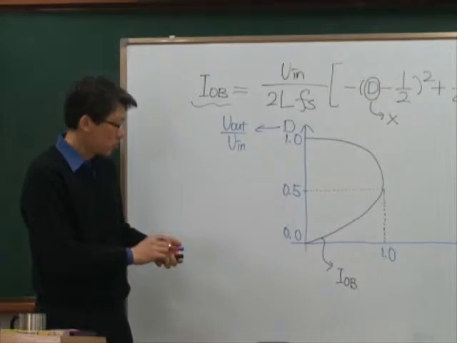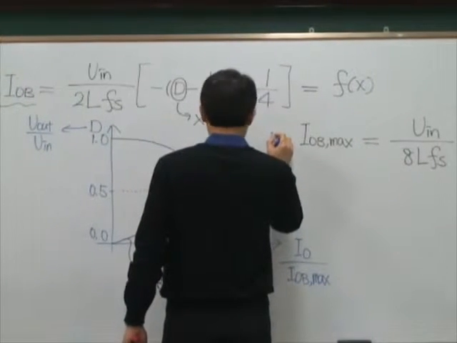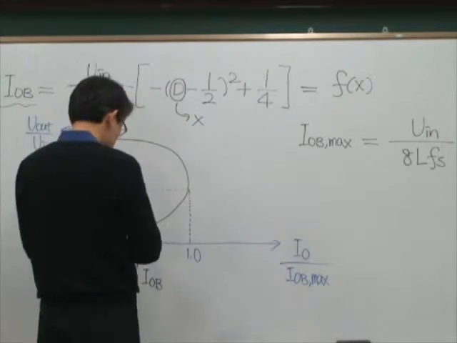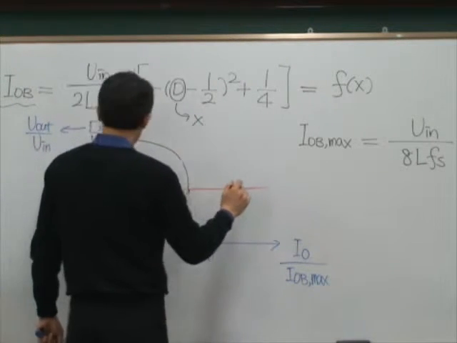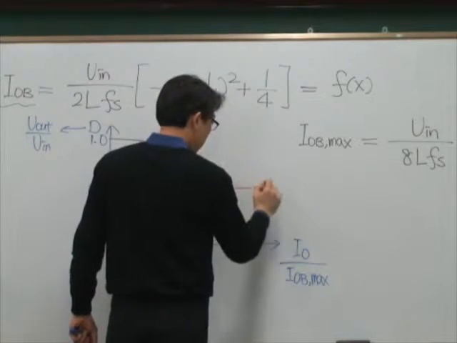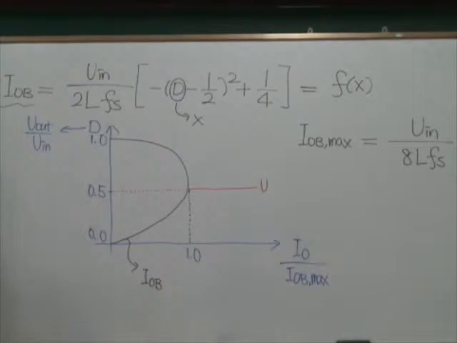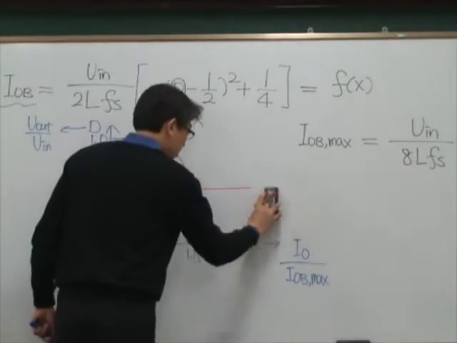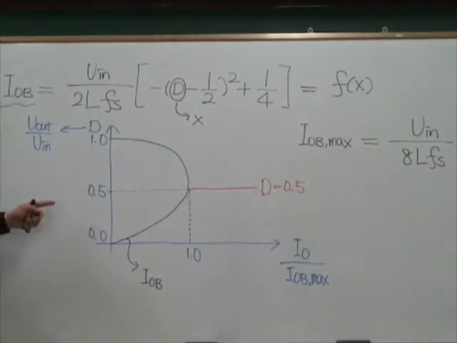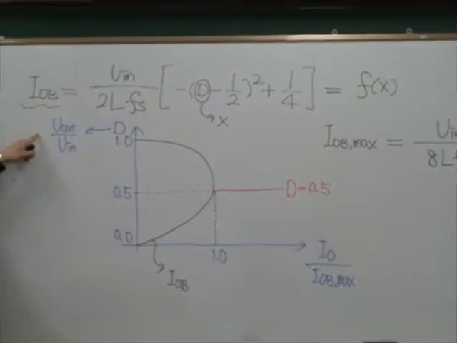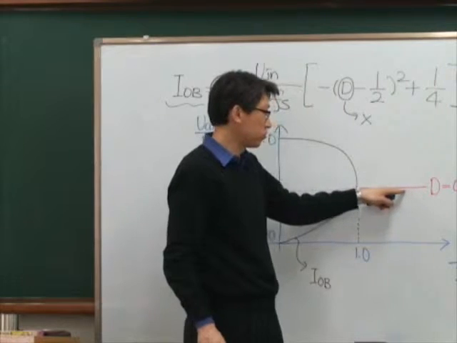So which means if I make this kind of diagram, then when duty is equal to 0.5, okay, then the input output ratio becomes the same as duty under continuous conduction mode.